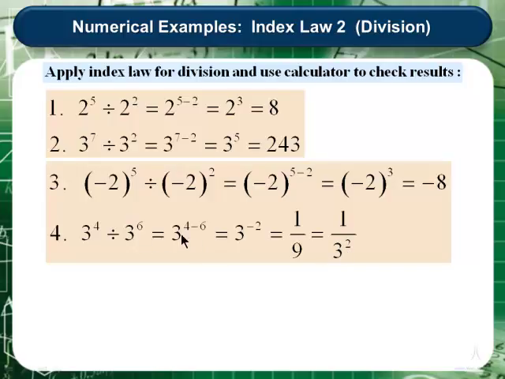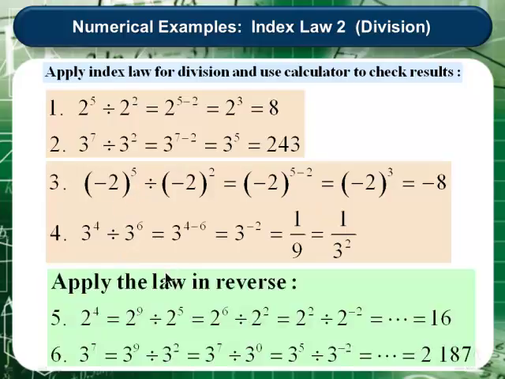So this already points to something that we will see later on. In this case, because the index of the divisor is greater than the index of the dividend, you get a negative index in the quotient, and this negative index can then be changed into a positive index. Please check this particular example by means of your calculator.